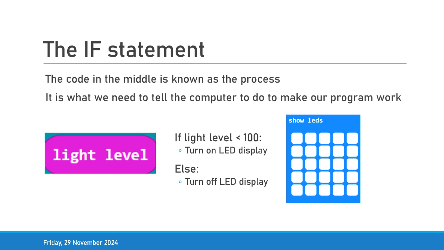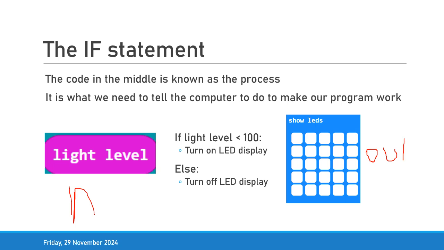That code in the middle is known as our process. Remember, this part here is our input. Apologies for the really bad handwriting. I'm trying to do this with a trackpad. And this part here, where the LEDs are displaying, is our output. I'm getting better at it.